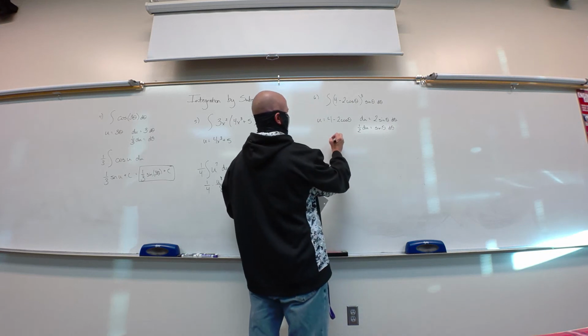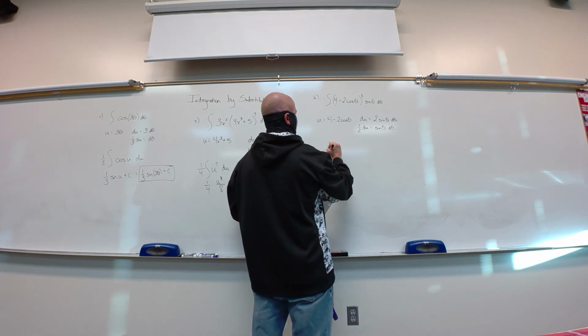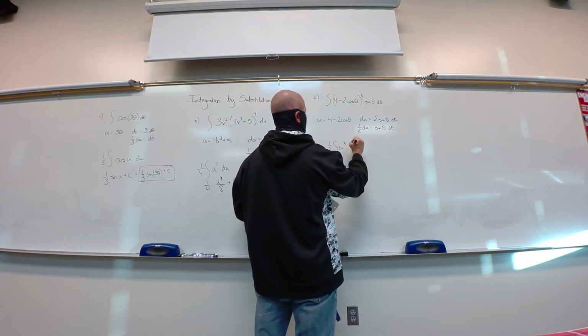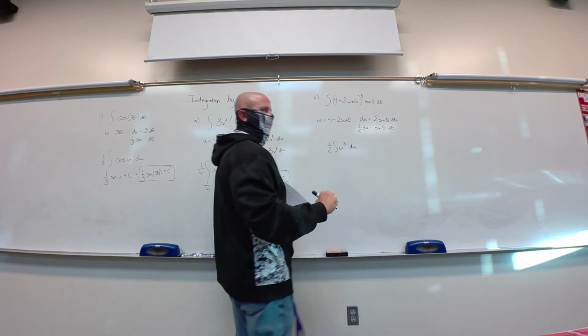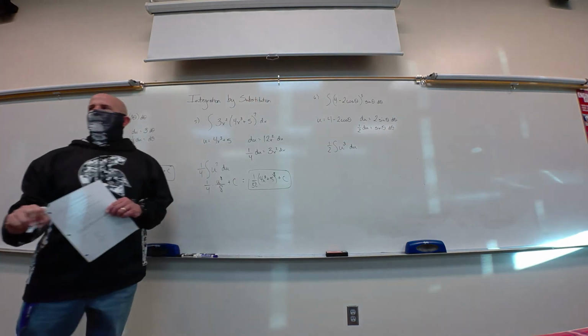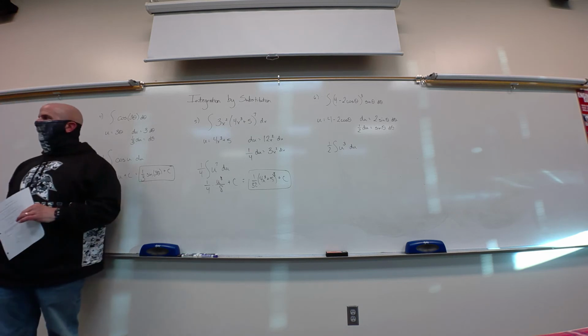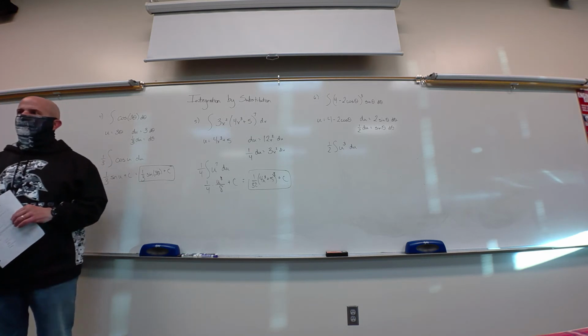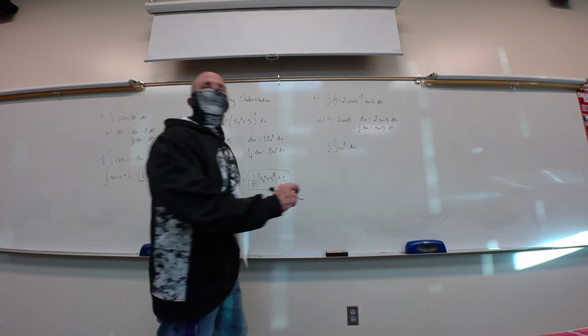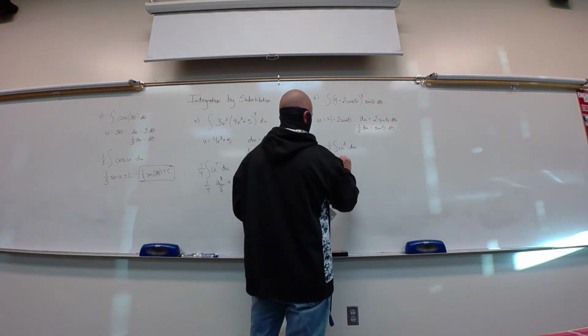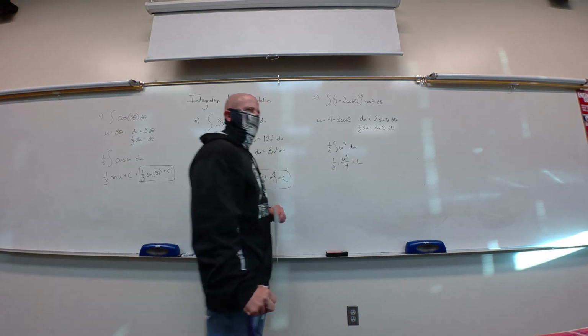So let's see here. We'd have 1/2 integral u cubed du. And then that's kind of back to what I was talking about. That's a simple one here. That's one of my basic ones. So I'm going to have 1/2 u to the 4th over 4 plus c.